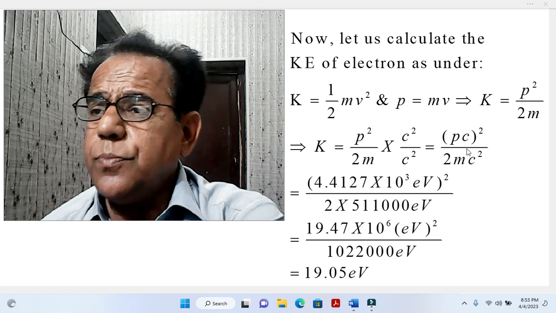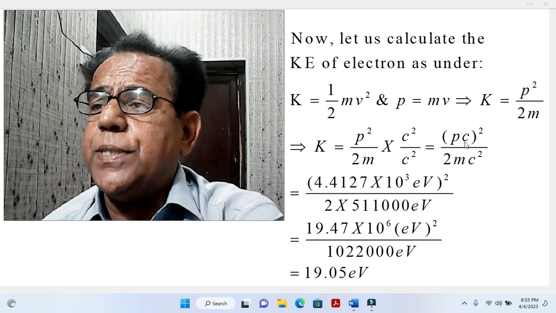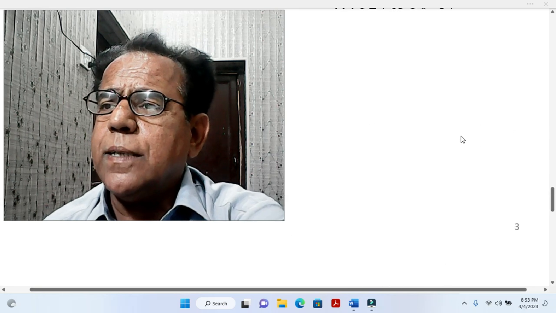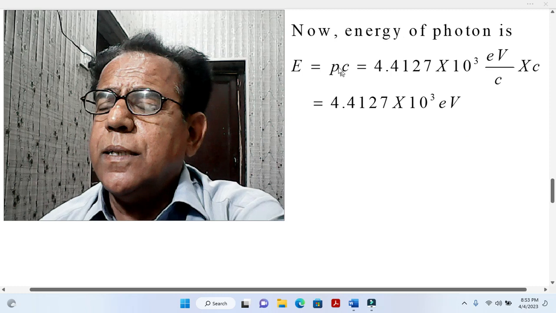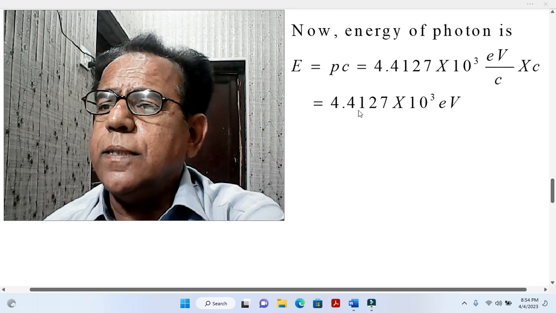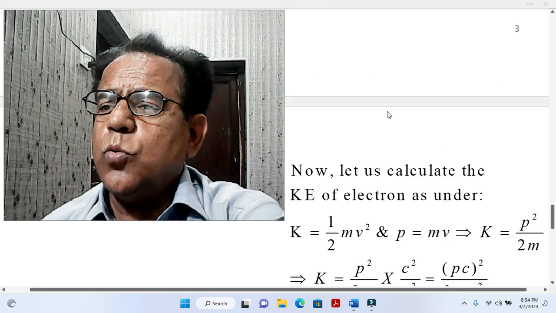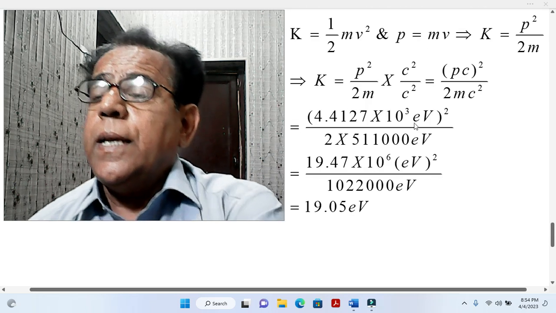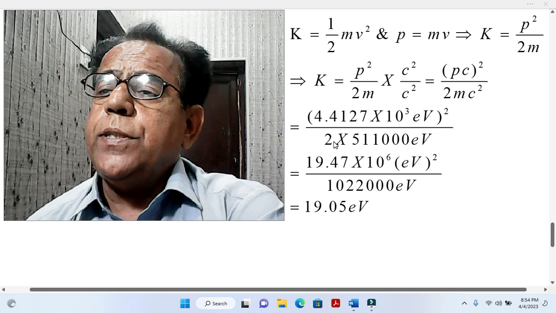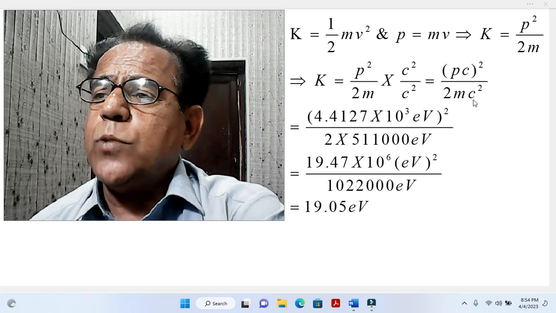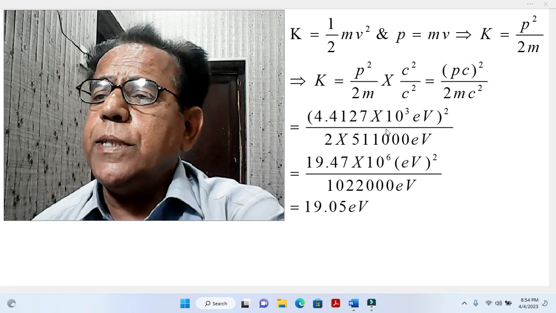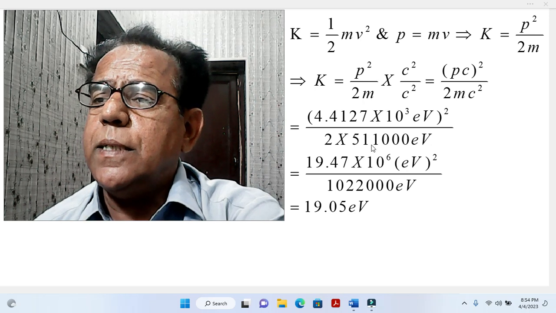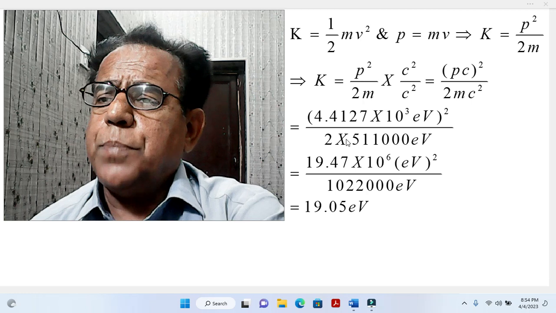We have found the value of pc above. Is there a need to go back or not? This pc, okay, in place of pc we have used this value. Divided by 2 is the same as it is. However, in place of mc square we have used this value from the table which we described in the starting part of this video.